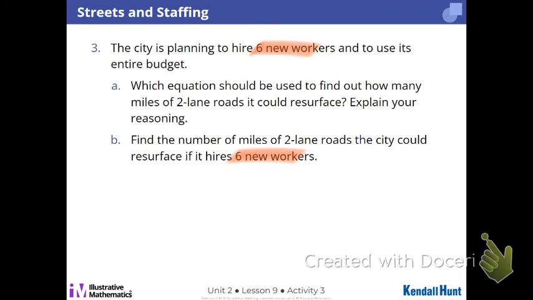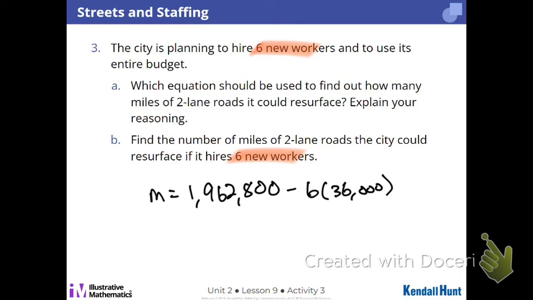M equals. Okay, the miles you can do equals 1,962,800 minus the 6 new workers, which each cost how much? 36 grand? And we're going to divide that by the $84,000 per mile.